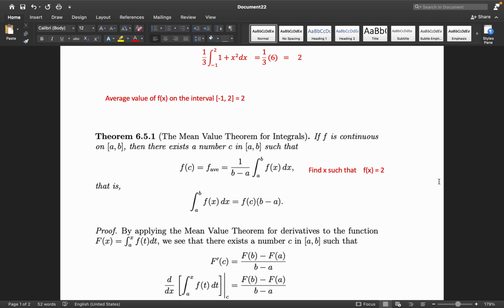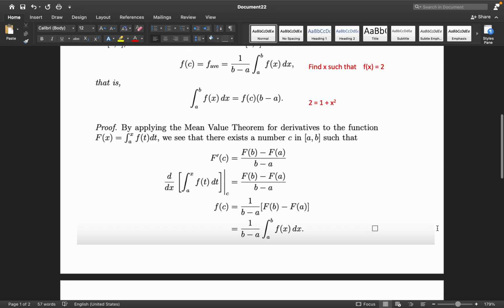The average was 2. So what I'm going to do is say 2 equals 1 plus x squared. So there should be at least one value such that f of x equals 2.